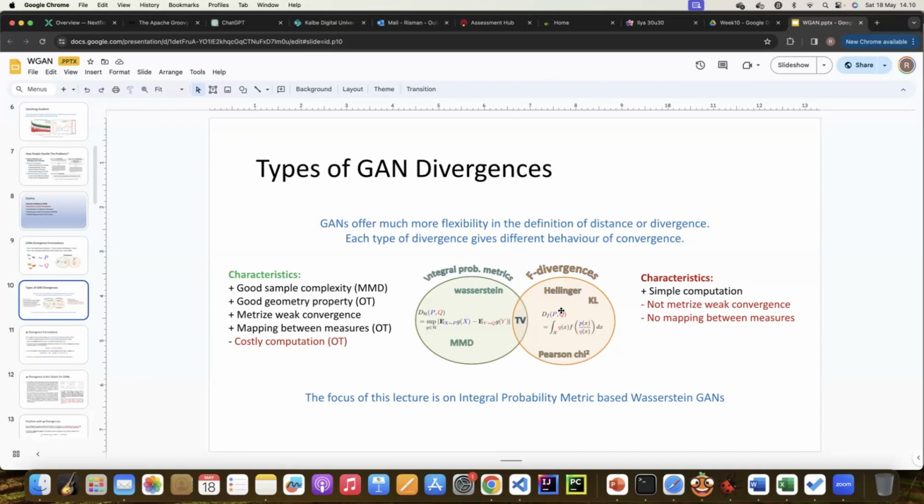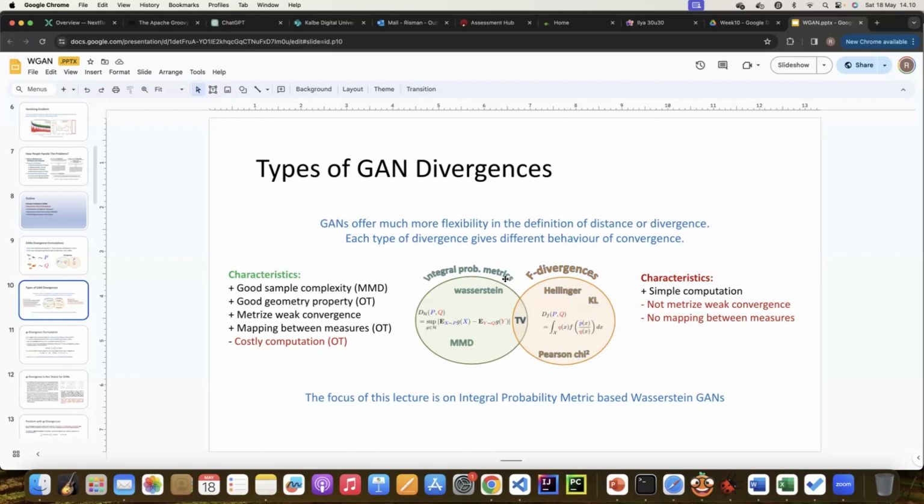It's very hard to use F divergence because it cannot metrize weak convergence and has no mapping between P and Q, or between the two measures. On the other side, MMD has very good sample complexity and geometry properties, can metrize weak convergence, and can have mapping, but at that time, the computation was very costly.